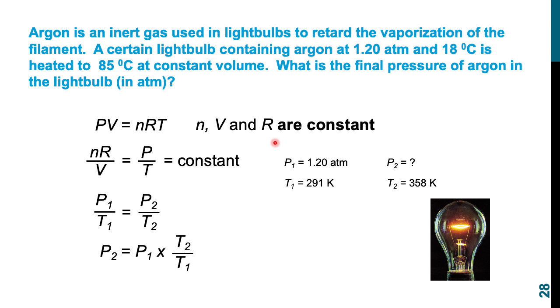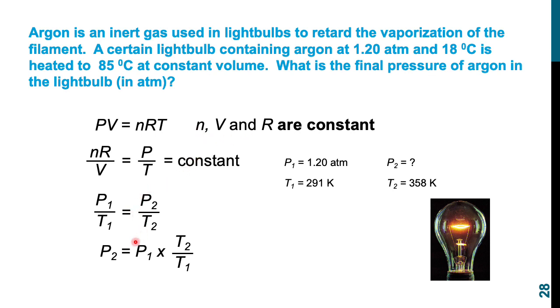Okay. So because this one is in a closed container, in a light bulb, n is also constant. So PV equal to nRT, this is the ideal gas equation. Because nR over V is a constant, P is proportional to T. So just use this one, P1 over T1 equal to P2 divided by T2, because all the n, V and R are constant values.